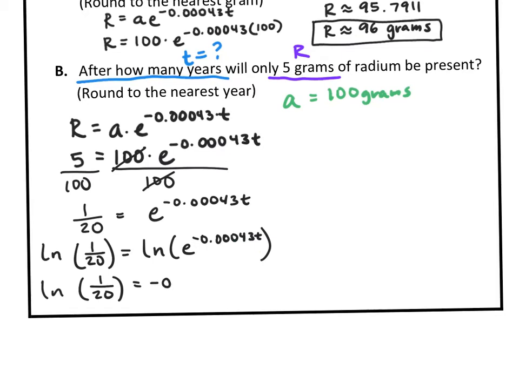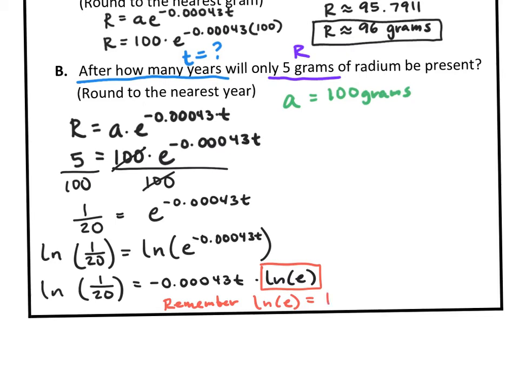So I'm going to write it as negative 0.00043T times ln of E. And what I want you guys to remember, let me use red, is that ln of E is equal to 1. ln of e is equal to 1.